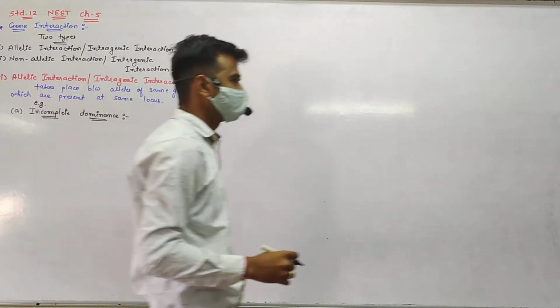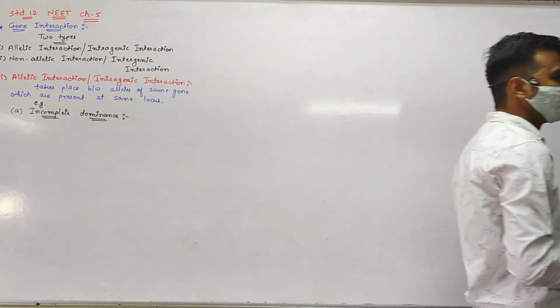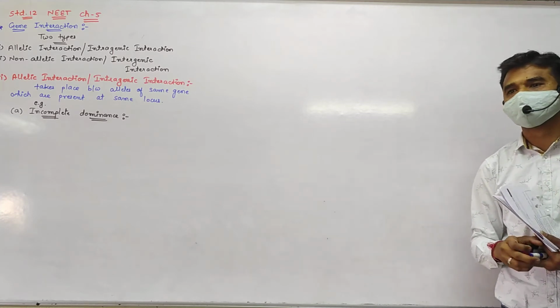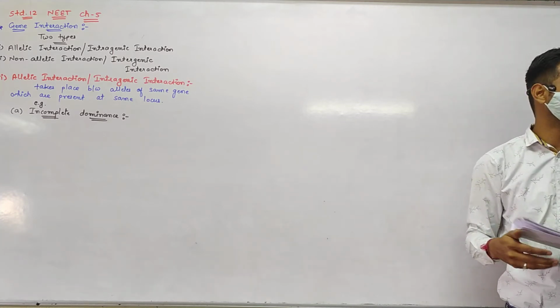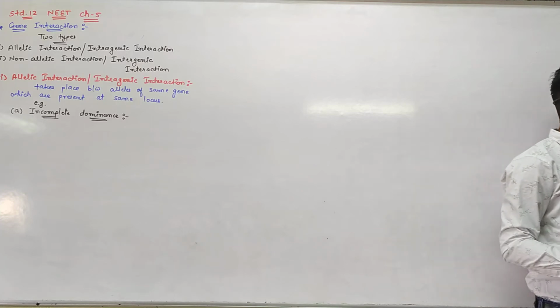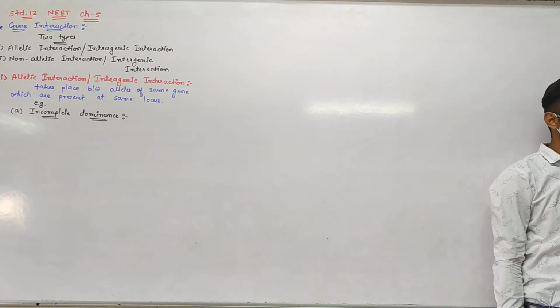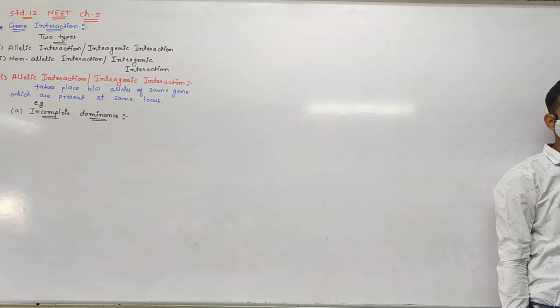Can anyone revise incomplete dominance? It is a 3-mark question with a chart. It takes place in which plant?